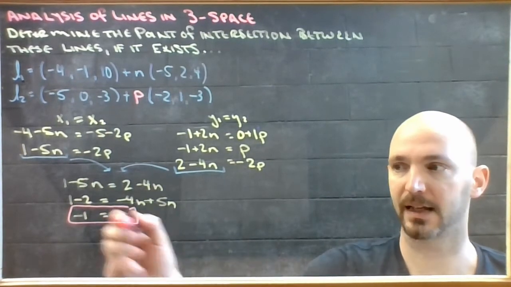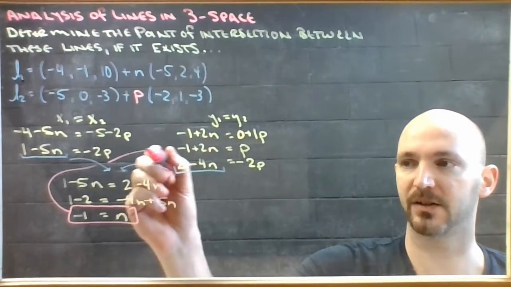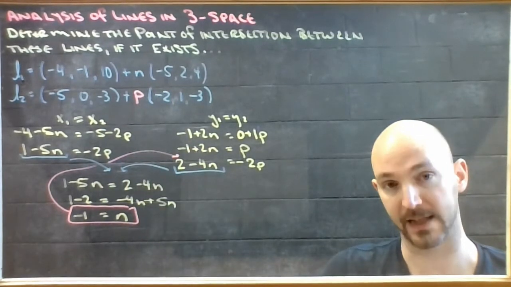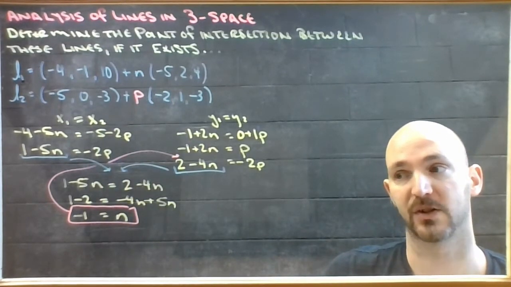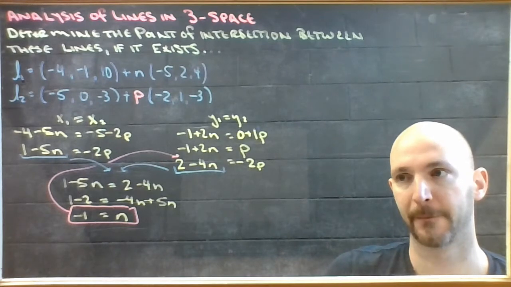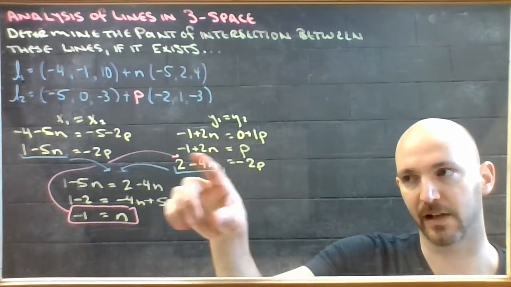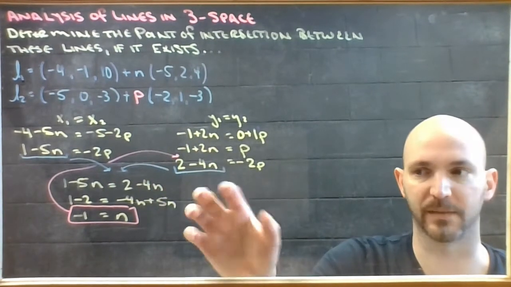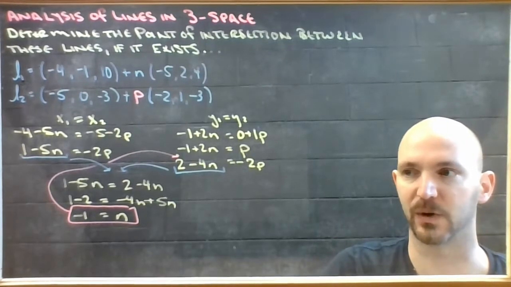Now I'm going to take that thing and drop it into any equation I like that has an n and a p in it so that I can get the value of p. Now I could put it here, I could put it there, I could put it there. I'm just going to choose this one because there's some empty space under it to work.